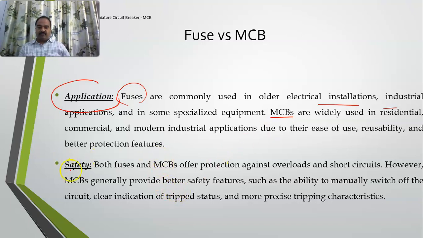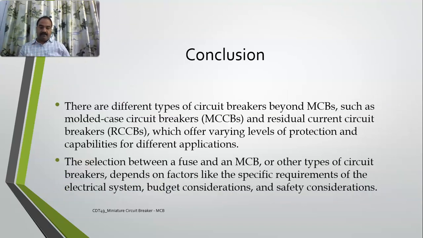And coming to the safety point of view, both offer protection against overloads and short circuits. But MCBs offer better safety features because we have the ability to manually turn them off and on. They can act as switches just like that. Even in MCBs, I am not going deep into them. There are so many types which have come into the picture, like molded case circuit breakers, and we have residual current circuit breakers, RCCBs.